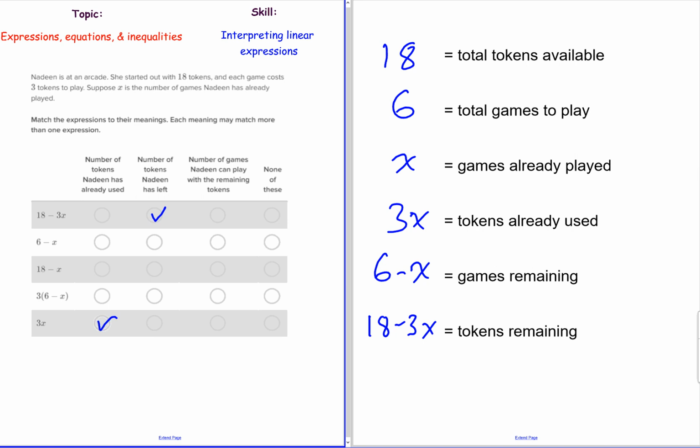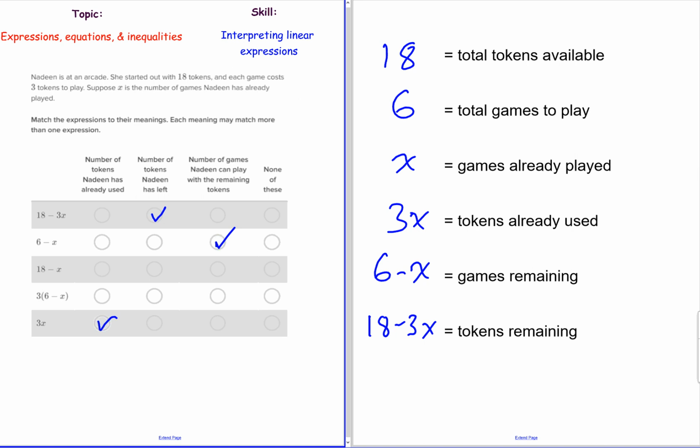Well, she can play a total of 6 minus the number of games she's already played. So 6 minus X is the number of games remaining.